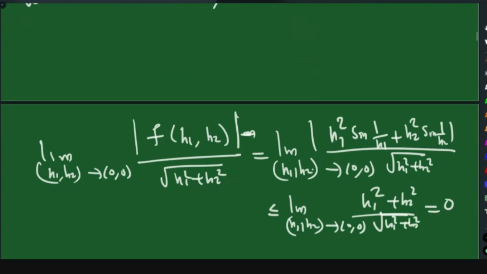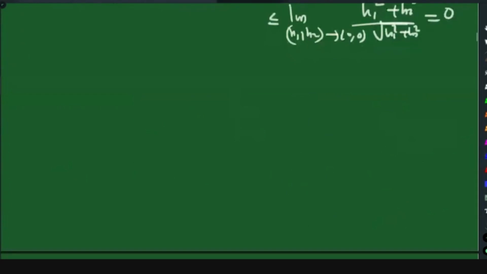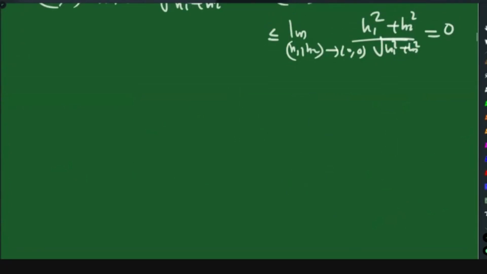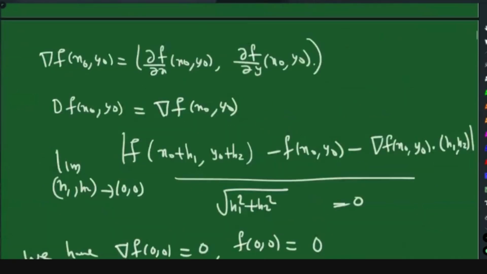Because in the numerator you have the higher power. If you want to look at it in a different way, you can convert it into polar coordinates. Then in the denominator you will get r, in the numerator you will get r square cos square theta. So this quantity goes to 0. So the function is differentiable. So the conclusion is f is differentiable.